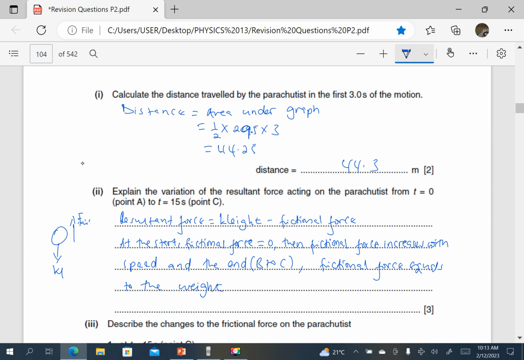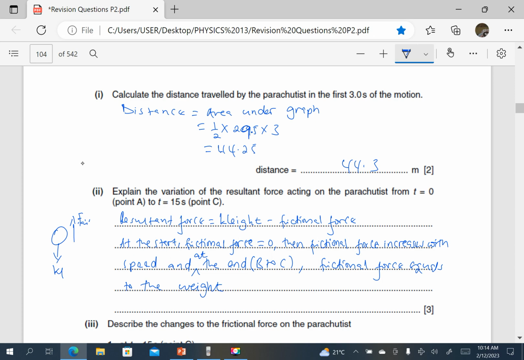So initially the resultant force, remember, is equal to the weight minus the frictional force. But at the start, frictional force is 0. That means the resultant force is going to be constant because the acceleration is going to be constant. Then frictional force increases with the speed, and at the end, the frictional force equals the weight.